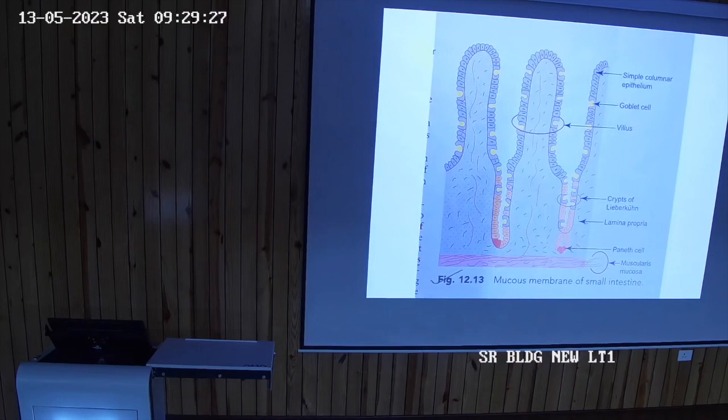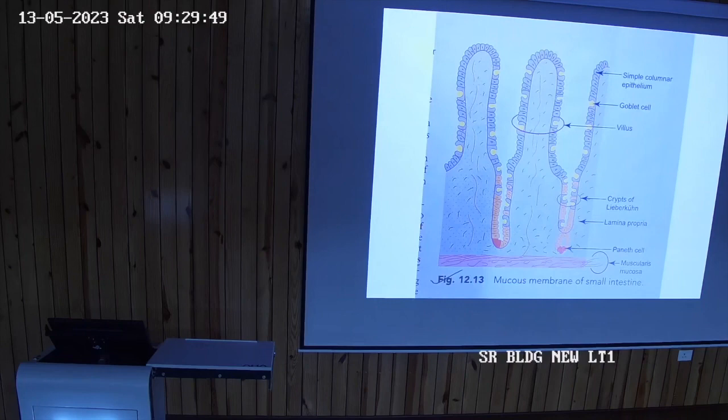The submucosal part shows neither the Brunner's glands nor the Peyer's patches. I am talking of the jejunum. In the jejunum, you will see the villi.